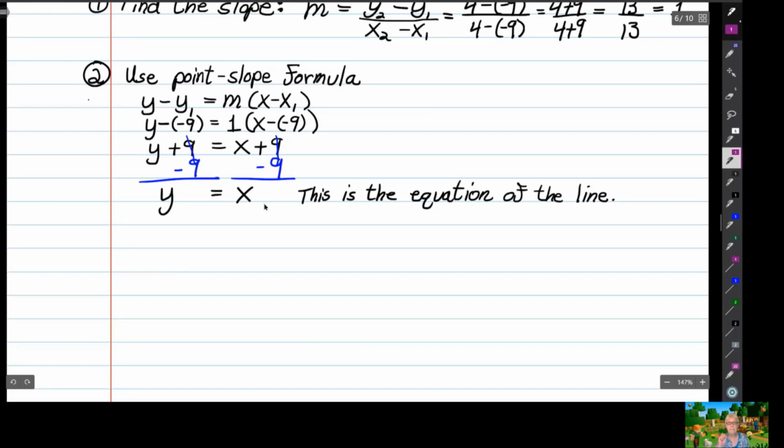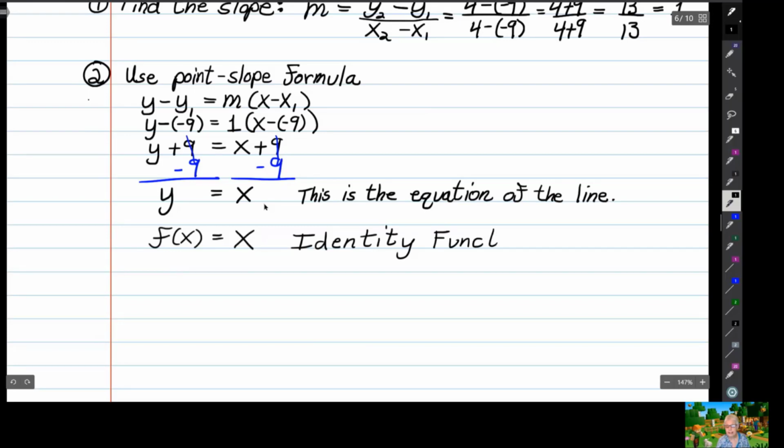In fact, it's a basic equation, a basic function that you're going to learn about later. This is f of x equals x, and it's called the identity function. It's very important, as you'll find later. Identity function.